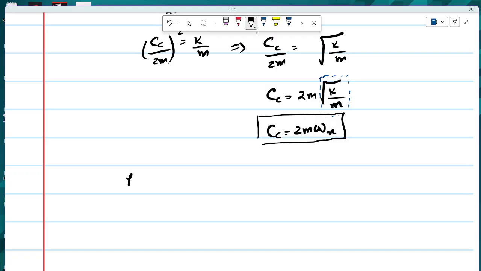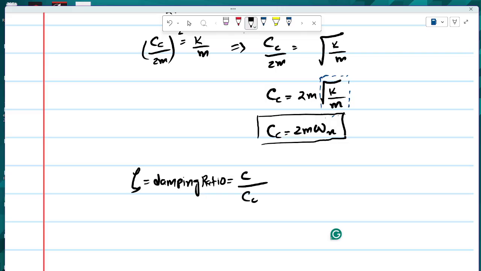It's represented like this, and it equals the damping constant divided by the critical damping constant.